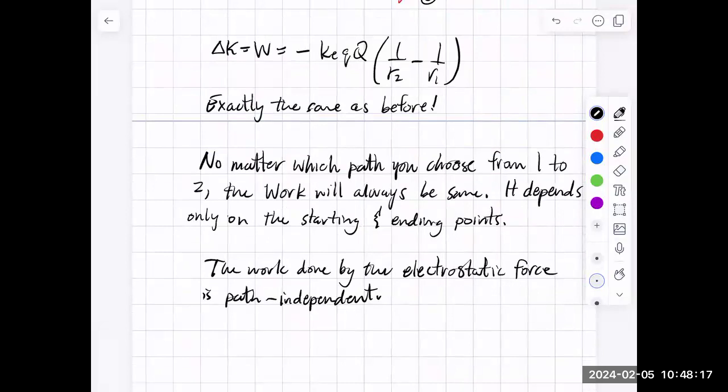Let's think of a force where clearly the work does depend on path, right? Let's say I want to slide my phone along this desk from this edge to this edge. I could do it like this.